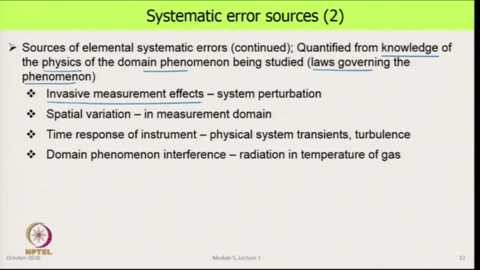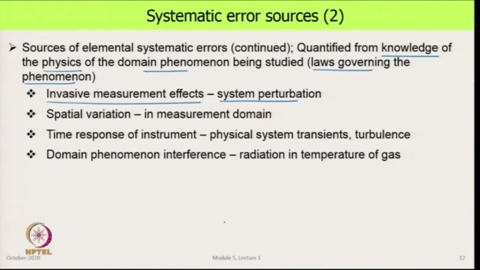Invasive simply means that you have disturbed the system that you wanted to measure by inserting the instrument or the device. The moment we do that, we have perturbed the system, and that has caused a systematic error.